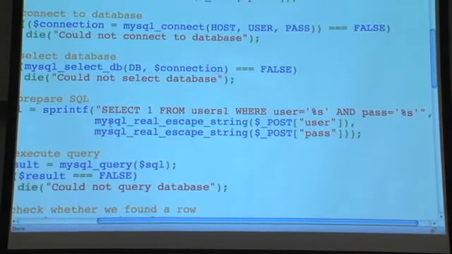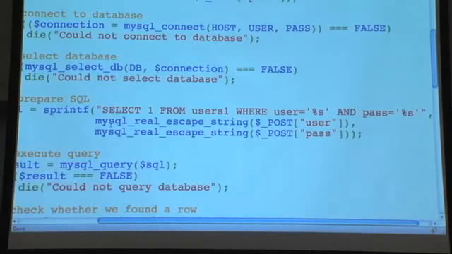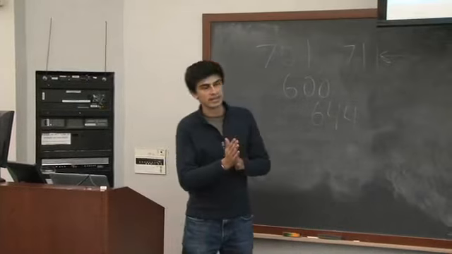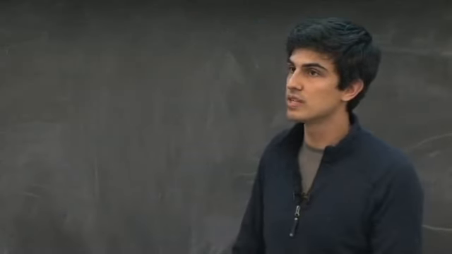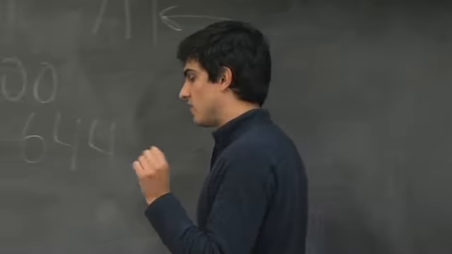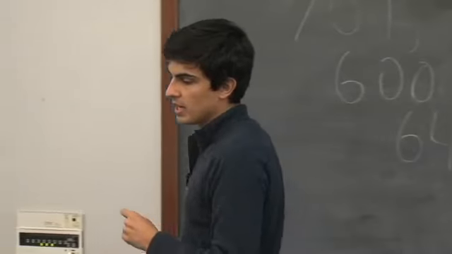So now the final result will be that this query will look like select one from users one, where user equals, and then whatever the user had entered, and the password equals, and then whatever the password is that they had entered. Now, this is much better, because now we're actually confirming that the login information that this person is using is actually valid, a valid username and password combination.